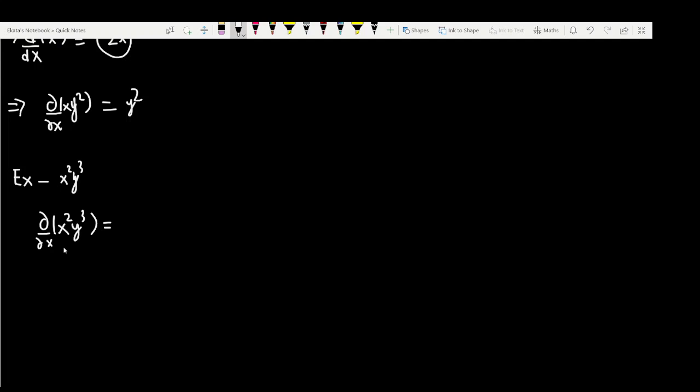Here I am saying take the partial derivative of x squared y cubed with respect to x. For example, when we say find the d by dx of x squared, we operate d by dx on x squared and by the simple power rule we get 2x. But now here are two variables.